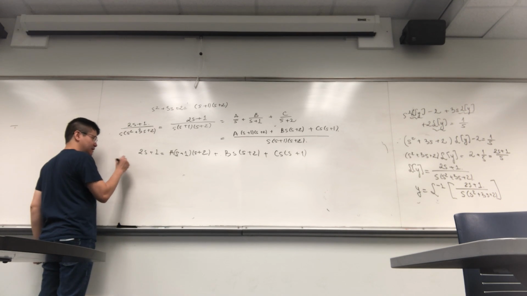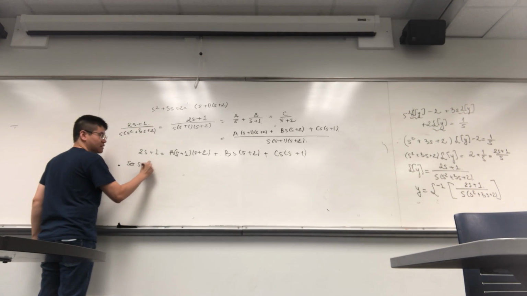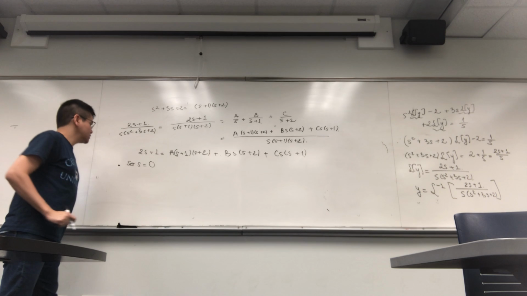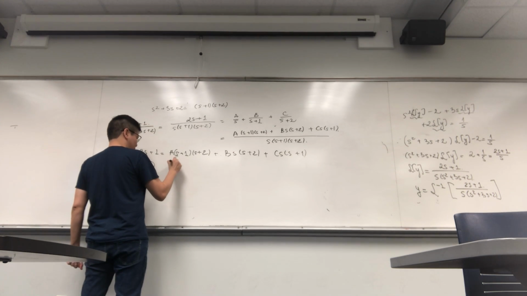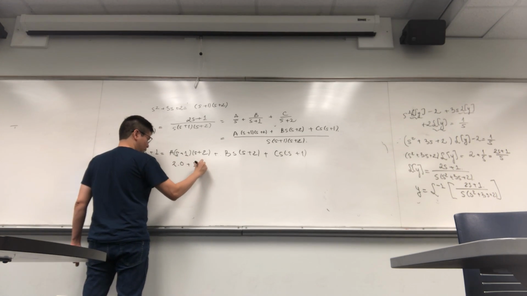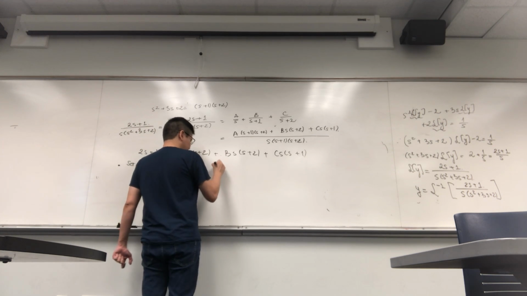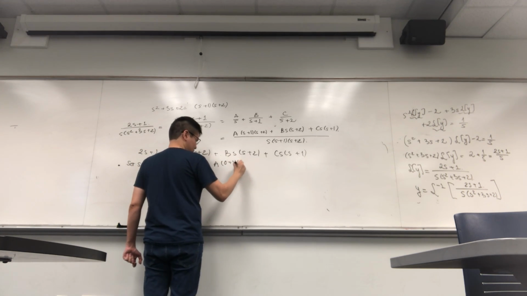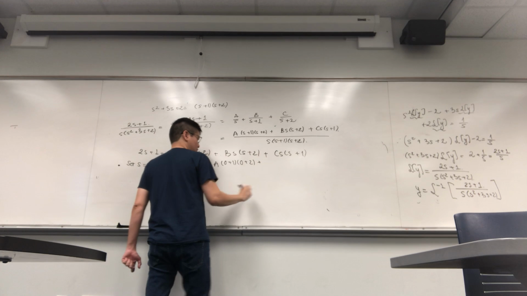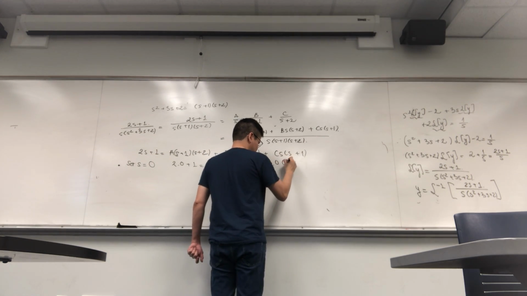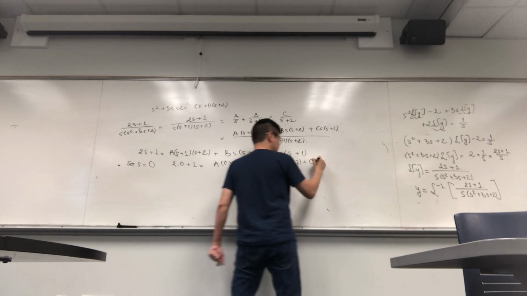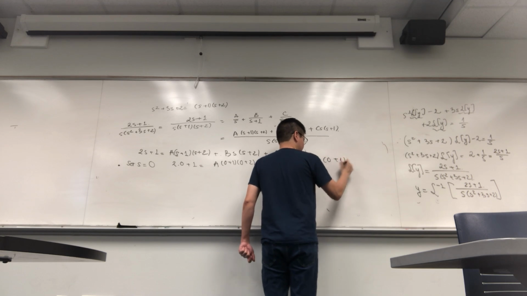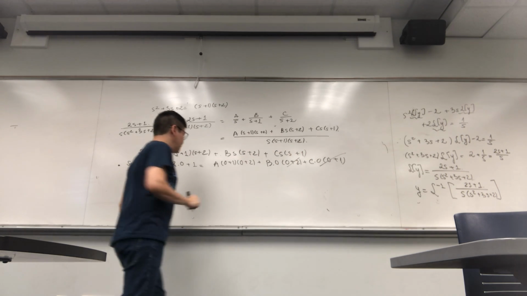So now I'm going to set s equal to 0. When s is equal to 0, you have 2 times 0 plus 1 is A times 0 plus 1, 0 plus 2, plus B times 0 plus 2, plus C times 0 plus 1. So this goes away, this goes away.